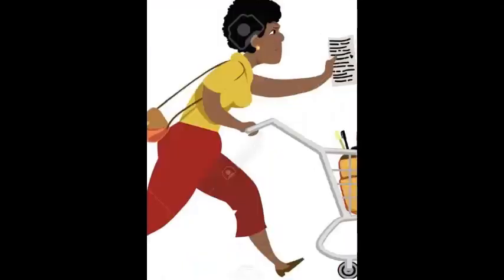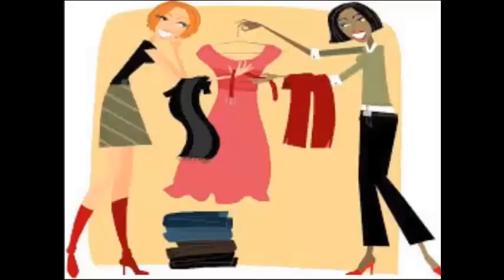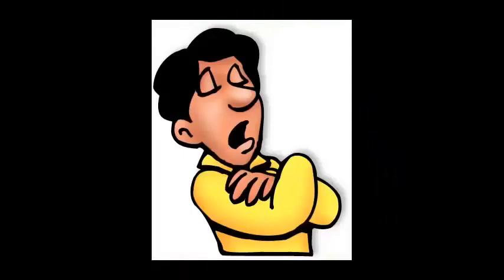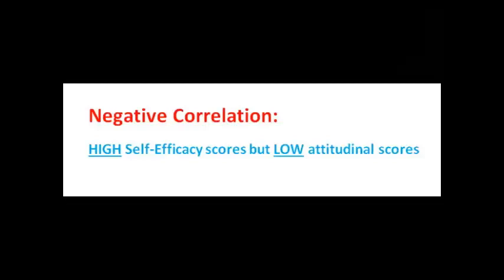In other words, they have the knowledge and the skills to find themselves fashionable outfits at great prices. But their attitudes about buying clothing at resale shops are low, because they either don't like secondhand clothing, or some of them feel that resale clothing is beneath them, or perhaps resale clothing is not part of their lifestyle brands. Thus, we would see them having high self-efficacy scores but low attitudinal scores.